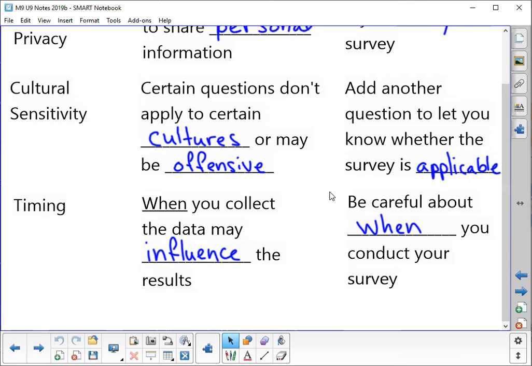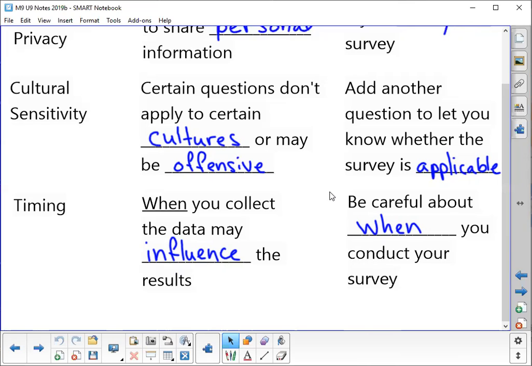So you could maybe start the question off by asking, do you celebrate Christmas? And if the answer is yes, then you could ask, how do you cook your Christmas ham? Although I don't know why you want to know how people cook their Christmas hams, but besides the point.